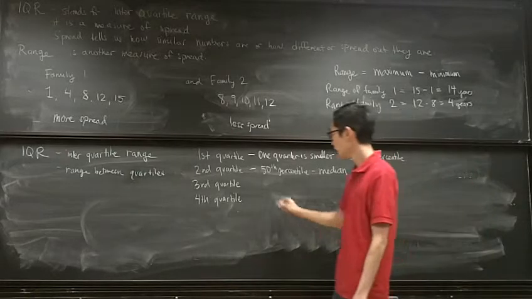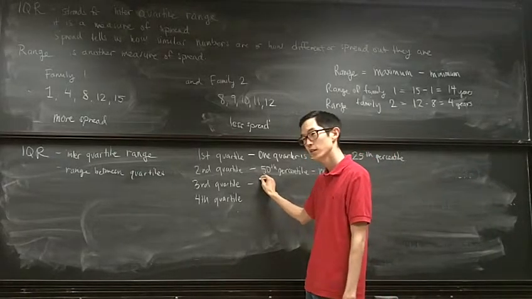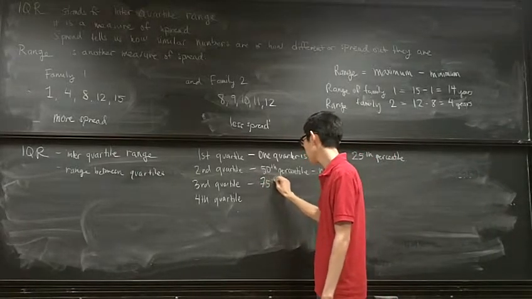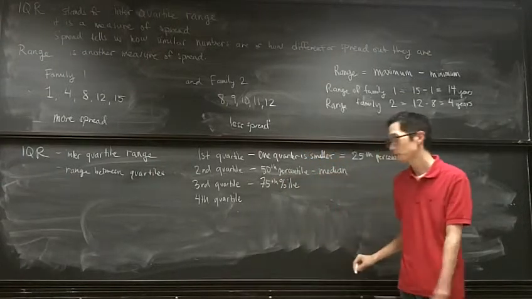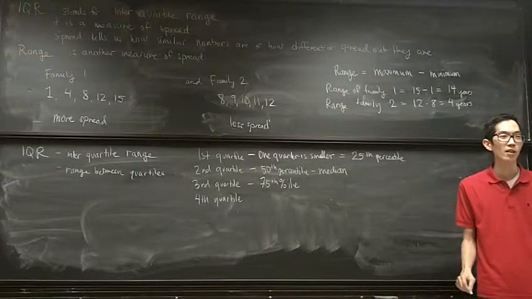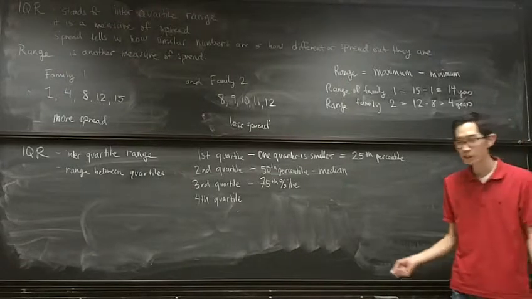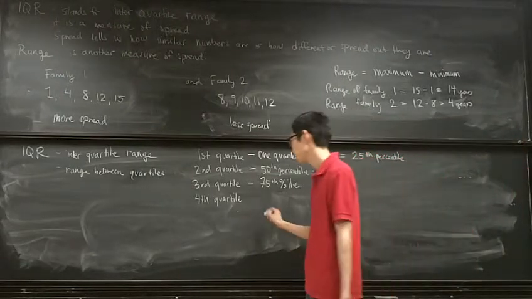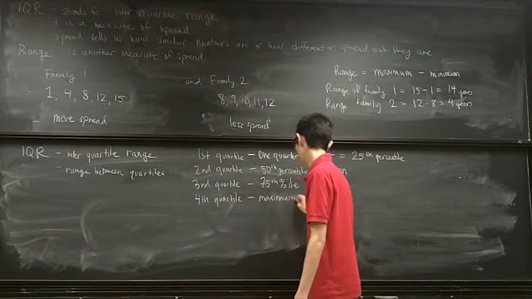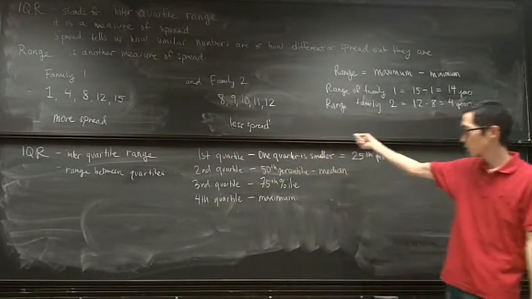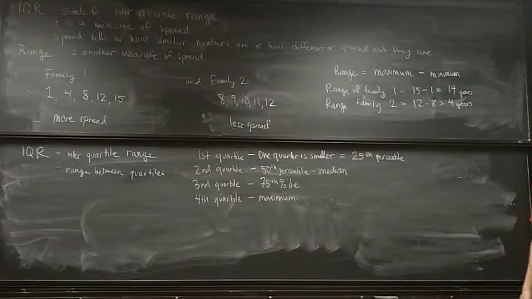The third quartile is our 75th percentile. And the fourth quartile is the 100th percentile, or is the maximum. Okay? So the first quartile means 1/4 of the data is smaller, or it's the 25th percentile.